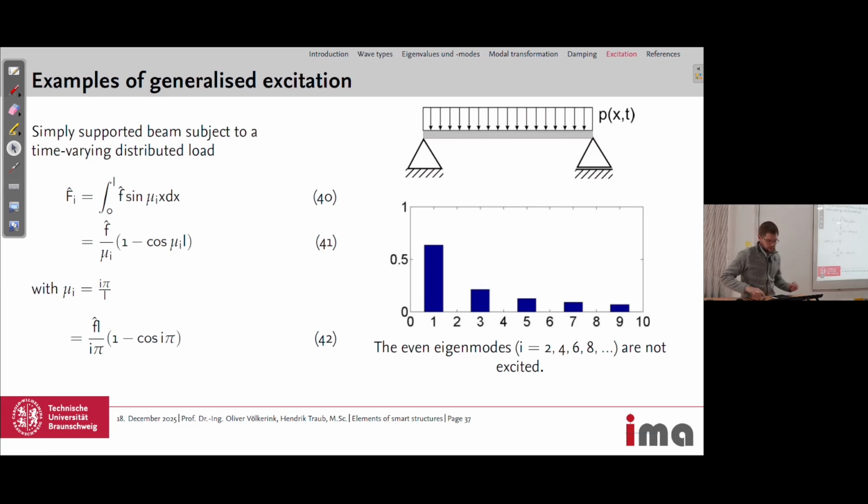If we go back to our simply supported beam again, then we can describe an external excitation with this time-varying distributed load. It's again, here's the P. I would correct it to F here. Then we can, for example, describe it with this sine function.